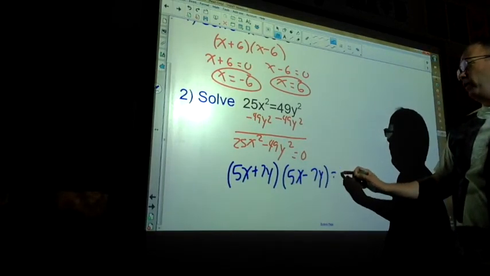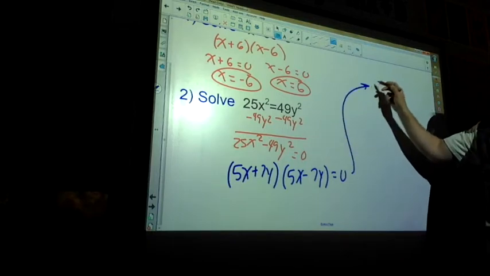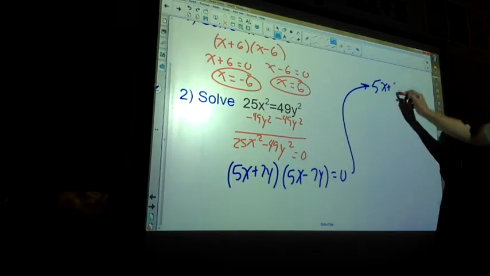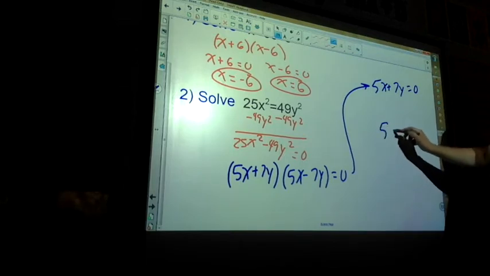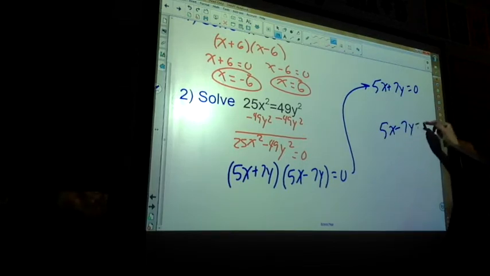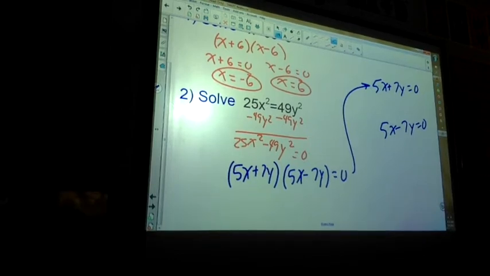Now this is kind of a goofy one. How do we set this one up equal to 0? I get 5x plus 7y equals 0. Make it linear. 5x minus 7y equals 0. So this is probably not one we would try and solve. I think they might have made an error when they did that, because you would subtract 7y and then divide.